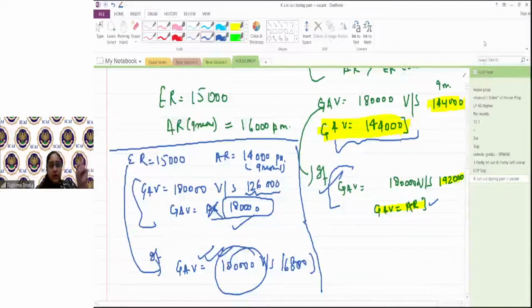But the case which is on your right hand side, here why did we take the gross annual value as the actual rent?